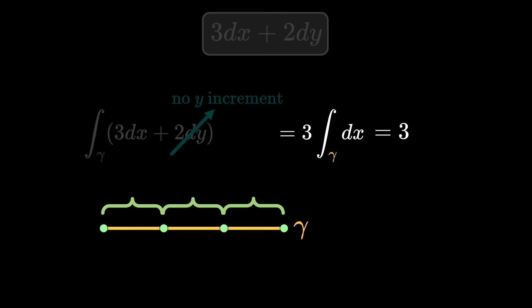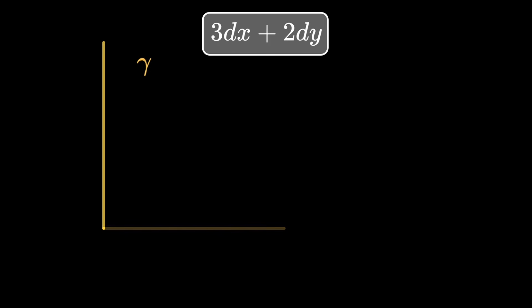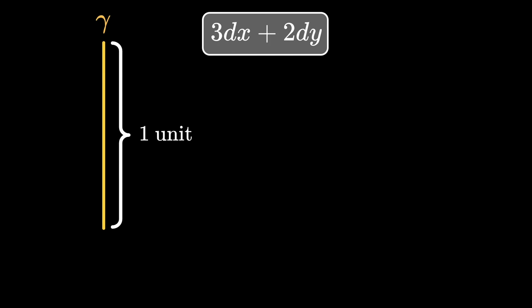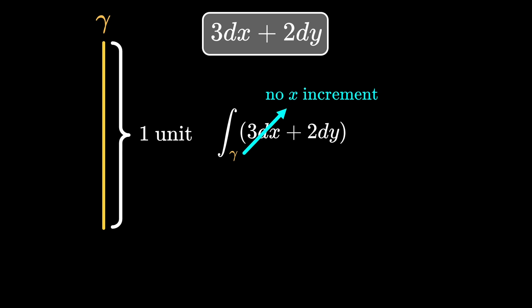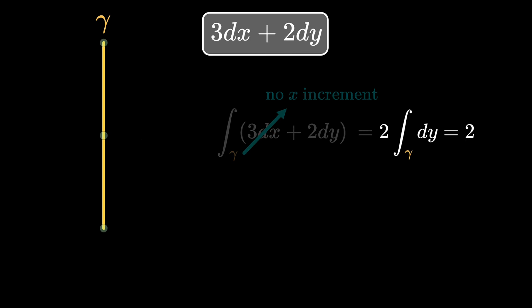In a similar fashion, for a vertical segment going upwards, when we integrate this 3dx plus 2dy, there aren't any x increments along this vertical path, so we are left with the dy bit, which evaluates to 2, and we expect the vertical segment to cross 2 dots.